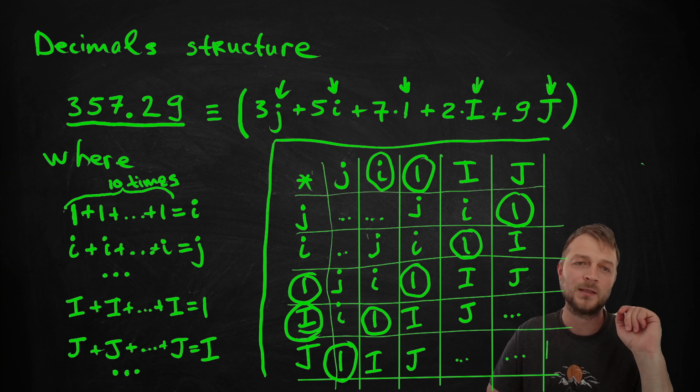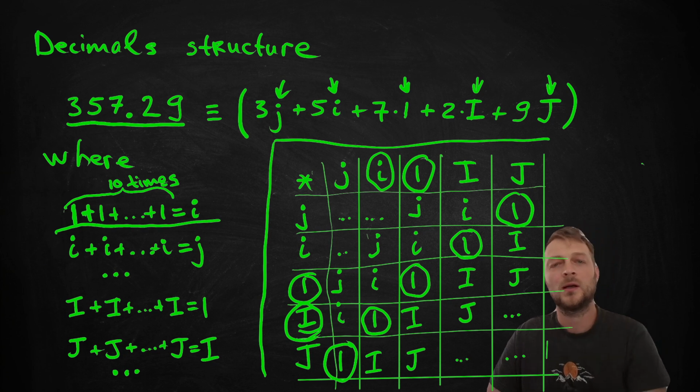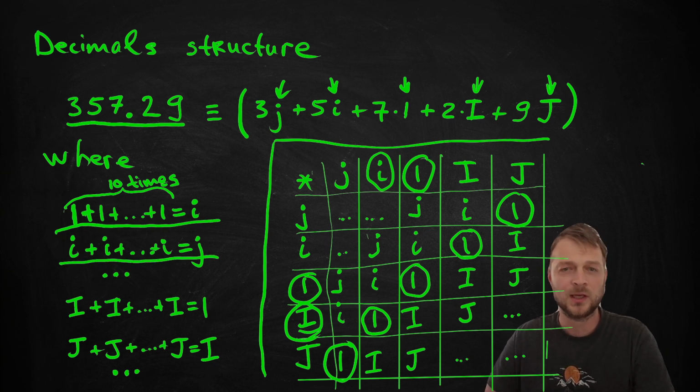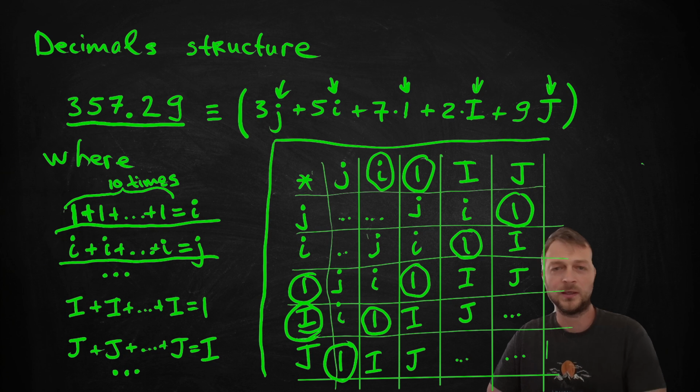If we add 10 times 1, like shown here, we get i. i is in the next position. If we add i's 10 times, we get j. j is in the next position to the left.